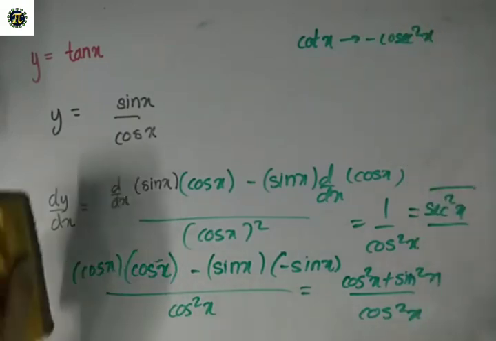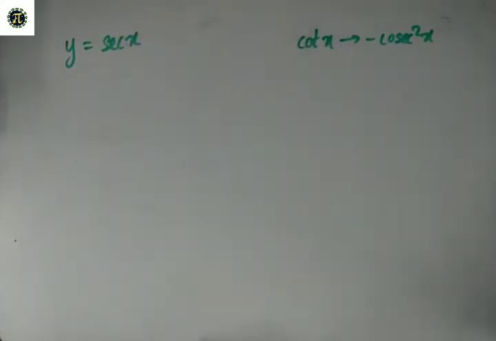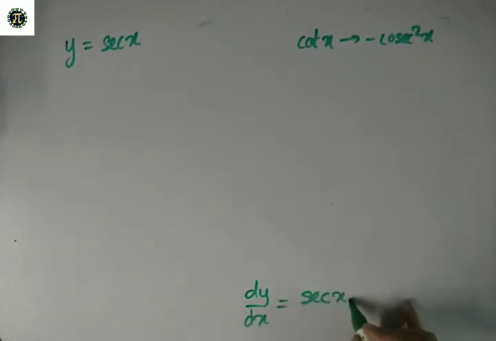Last question for this. Maybe we can try secant x, differentiation of secant x. And maybe if you remember, dy by dx was secant x into tan x, right? So this is what we want to prove.